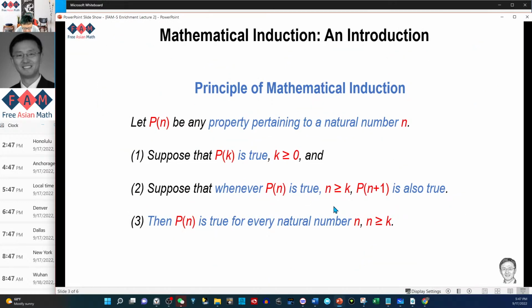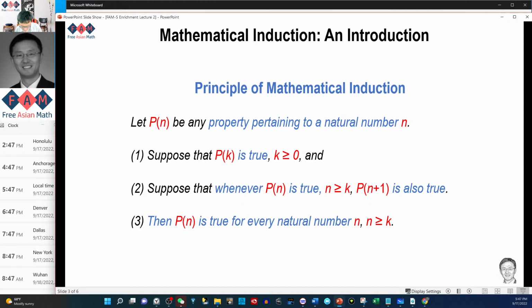And because this is an axiom, we agreed whenever we can do this, if we can verify the first one, the initial state is true, and we can also verify the induction step, that is that whenever Pn is true, if we can show Pn plus 1 is also true, with those two steps combined together, we will be able to argue Pn is true for all the natural numbers starting at this initial one.